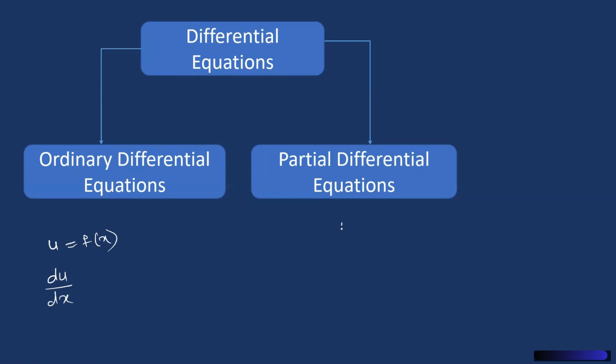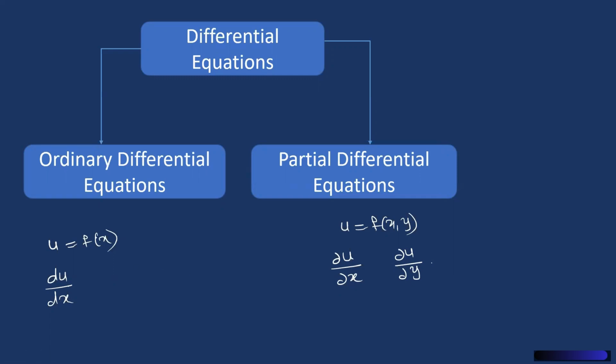Whereas if you are given u as a function of two different variables x and y, since it is a function of two variables, you can evaluate the derivative of u with respect to x or with respect to y, but now this is partial. You cannot completely differentiate u with respect to x or y.